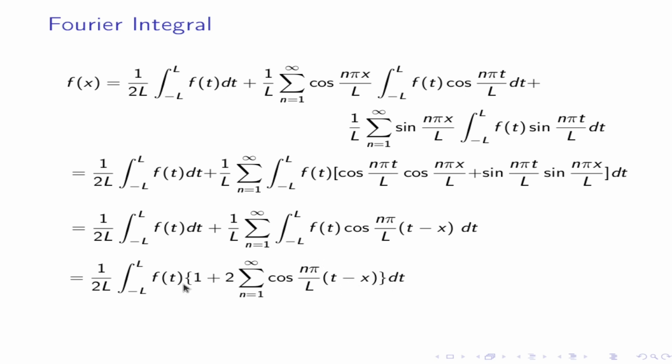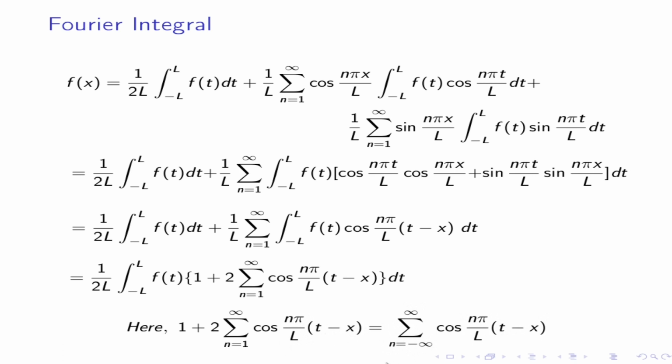Now the term in the curly bracket, that is 1 plus 2 into summation over n equal to 1 to infinity cos n pi by L t minus x, can be written as summation over n equal to minus infinity to infinity cos n pi by L t minus x. Here the term 1 is for n equal to 0, and 2 comes from n going from minus infinity to 0 and 0 to infinity.